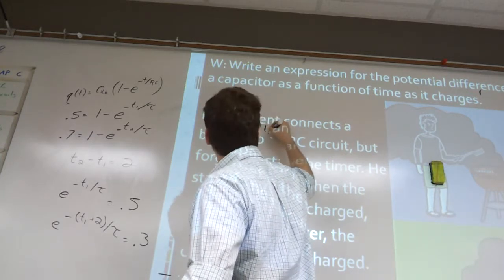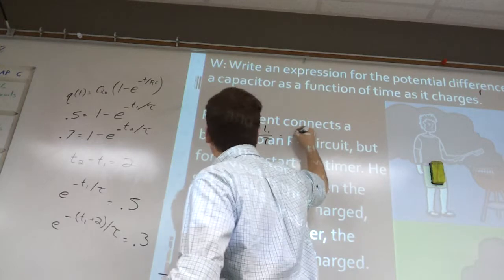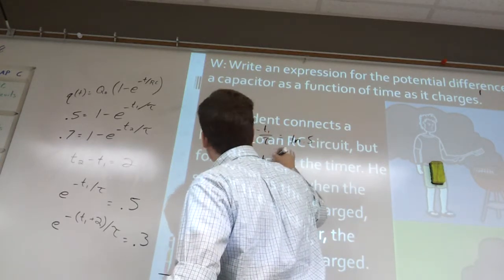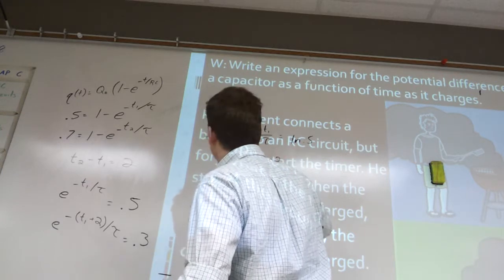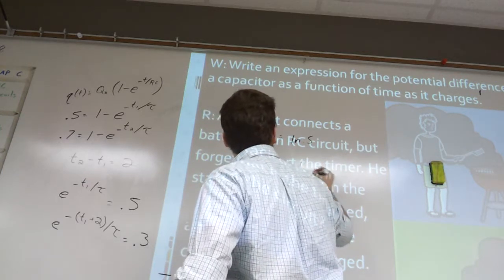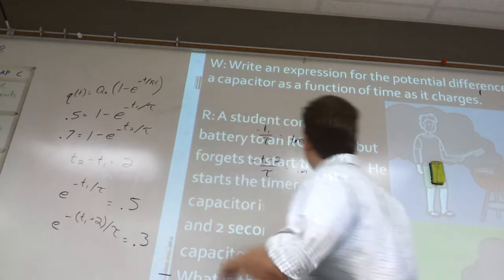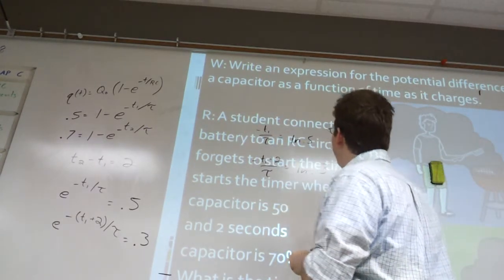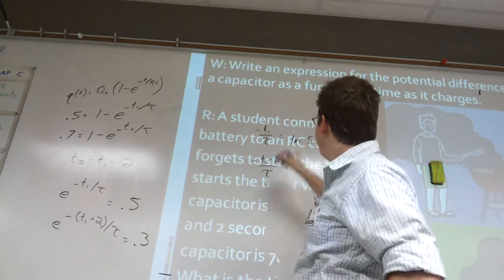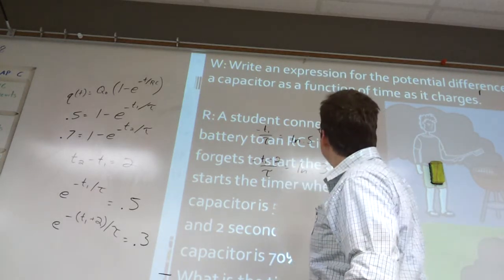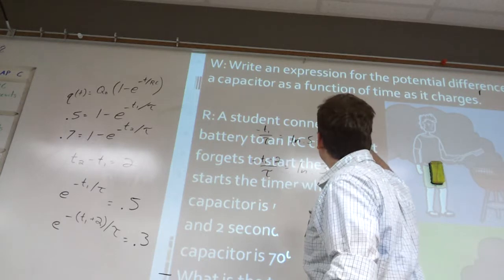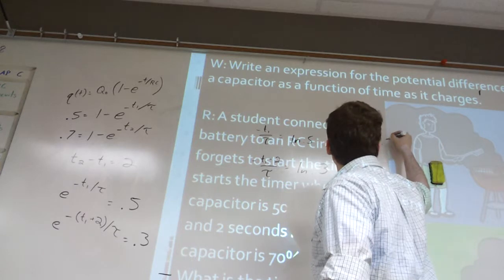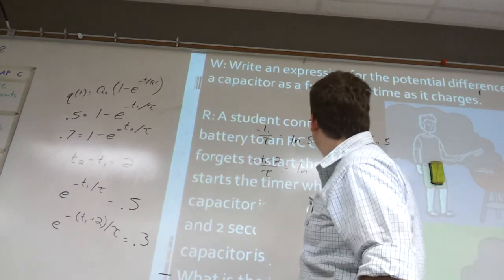So negative T1 over tau is natural log 0.5, and negative T1 plus 2 over tau is natural log 0.3. Then you solve for T1. T1 equals negative tau natural log 0.5. And then you plug that in for the other one.